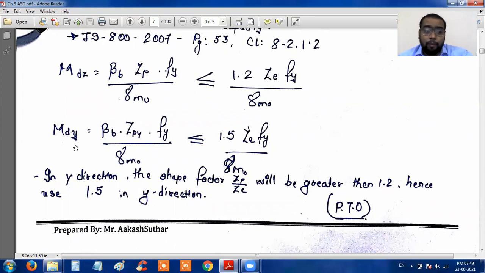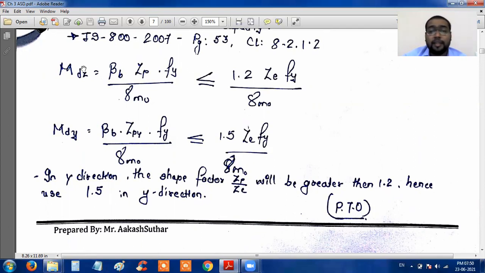Then the moment in y direction, Mdy is equal to beta b into Zpy into Fy upon gamma m0. Again, gamma m0 is a partial safety factor, Fy is a yield stress. Zpy is a plastic section modulus, but here it is in the y direction, and it should be less than 1.5 Ze into Fy upon gamma m0.